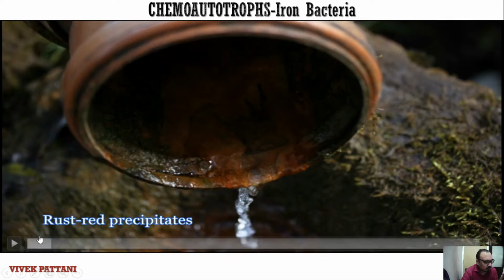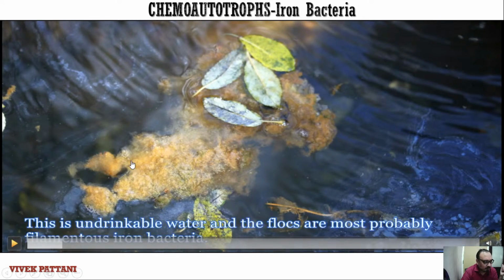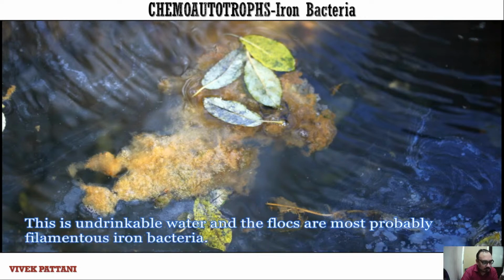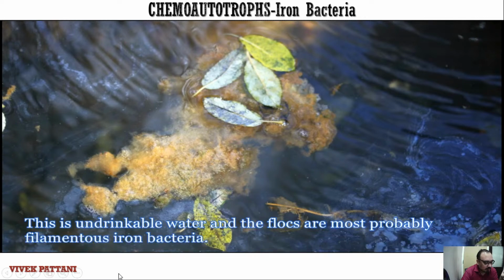There are various places where rust is easily visible. Brown flocculation you may also have seen. These are the flocks, and this is undrinkable water, and the flocks are most probably filamentous. They are the filamentous iron bacteria.